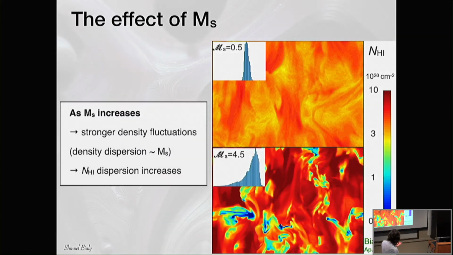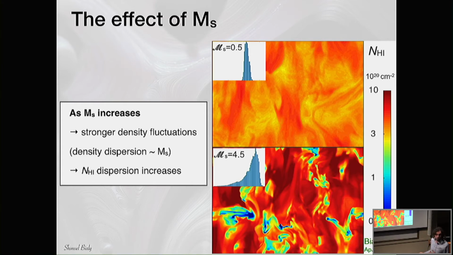However, as you increase the Mach number to supersonic values, you start to get more density fluctuations, and then different lines of sight go through different densities, and you get different H1 column densities, and then the PDF also becomes wider. That's to be expected.